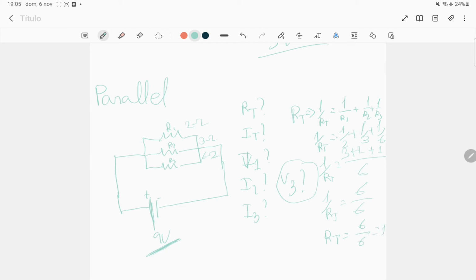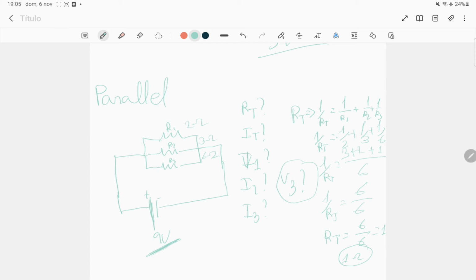So it's 1 ohm. Okay, but you remember in this case we have it so easy because the inverse is the same in both cases.